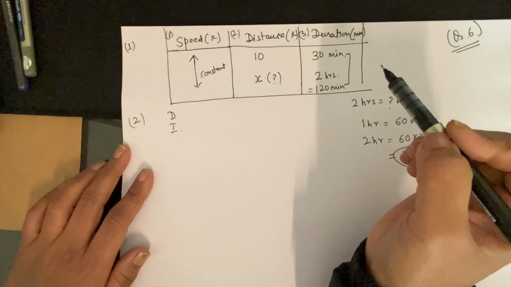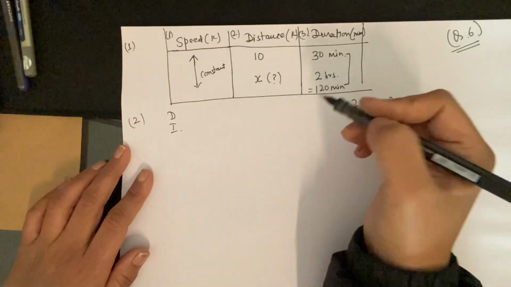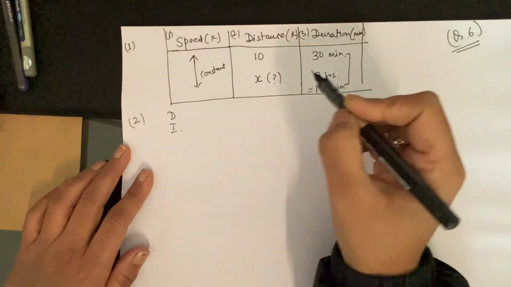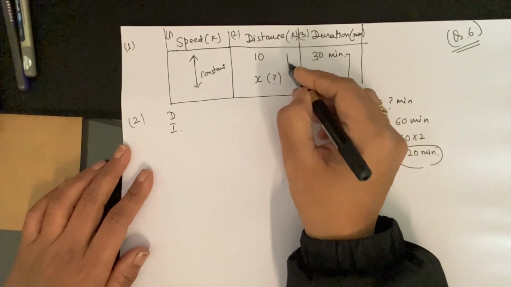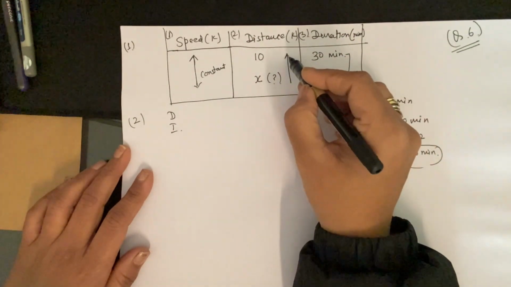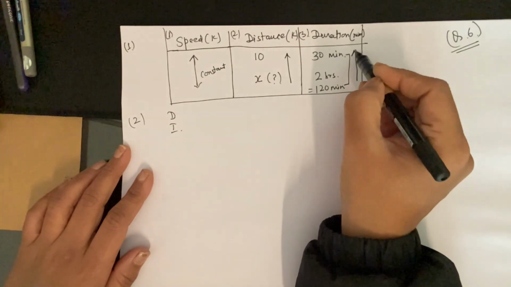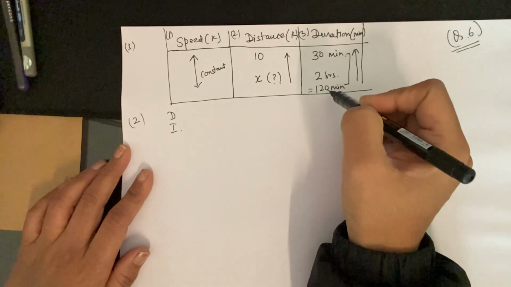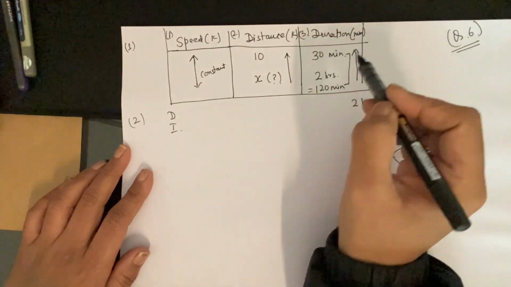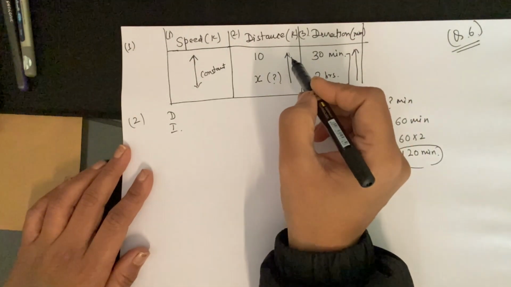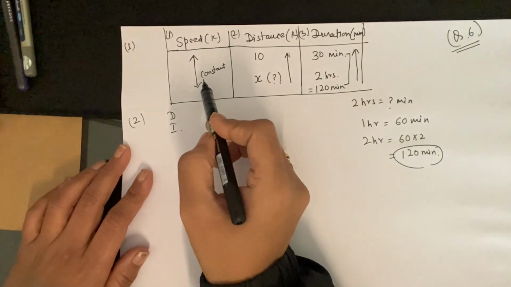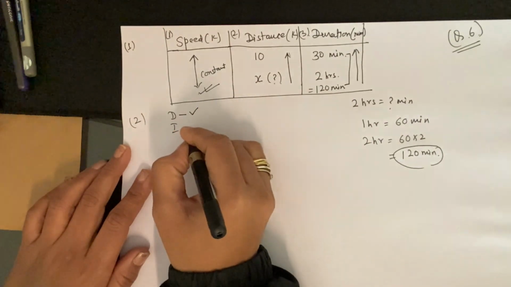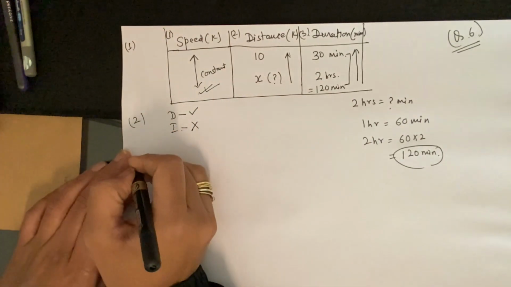At the same speed, if the duration is increased from 30 minutes to 120 minutes, the distance will also increase, because the speed is constant. So it is again a direct proportion, not an inverse proportion.